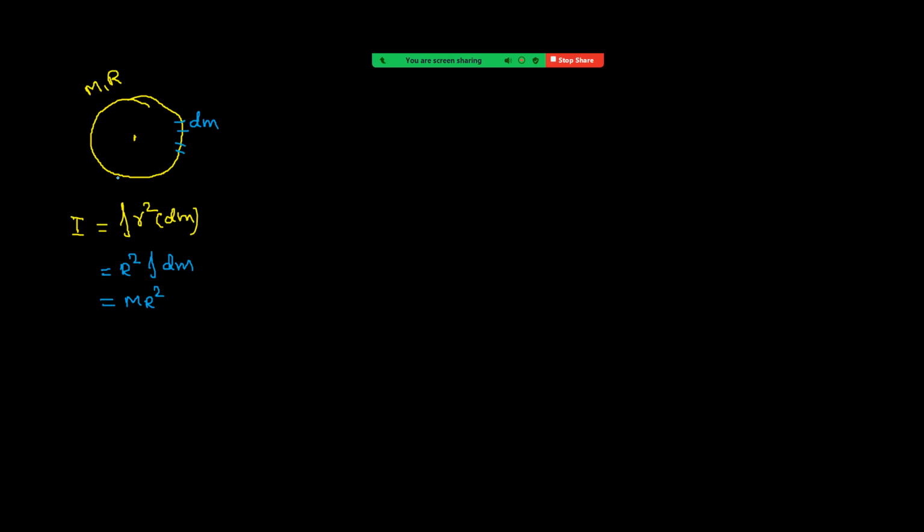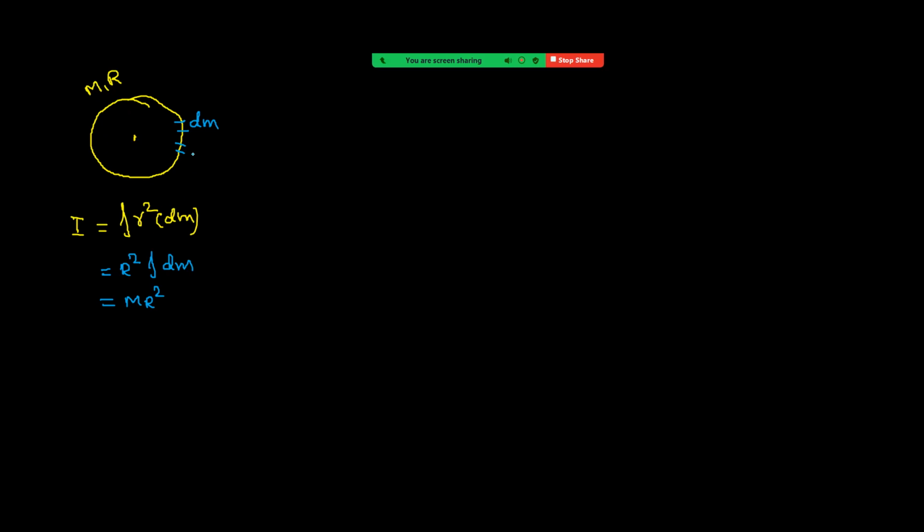So the moment of inertia of a uniform ring about its own axis, that means the axis passing through the center of the ring and normal to the plane of the ring, is M R square. And here if you observe, even though the distribution of mass is not uniform, the answer remains the same.